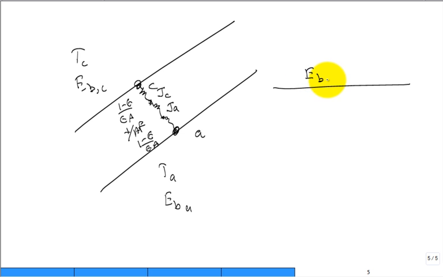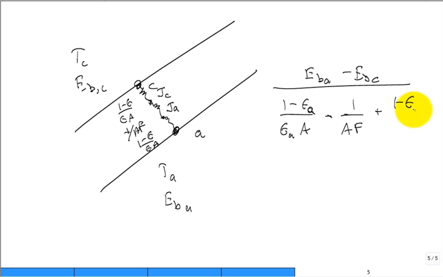EB of the absorber minus EB of the cover, we're going to have (1 minus epsilon of the absorber) over (epsilon absorber area), plus 1 over (area view factor), plus (1 minus the emissivity of the cover) over (the emissivity of the cover A). All those 3 areas are the same, aren't they?